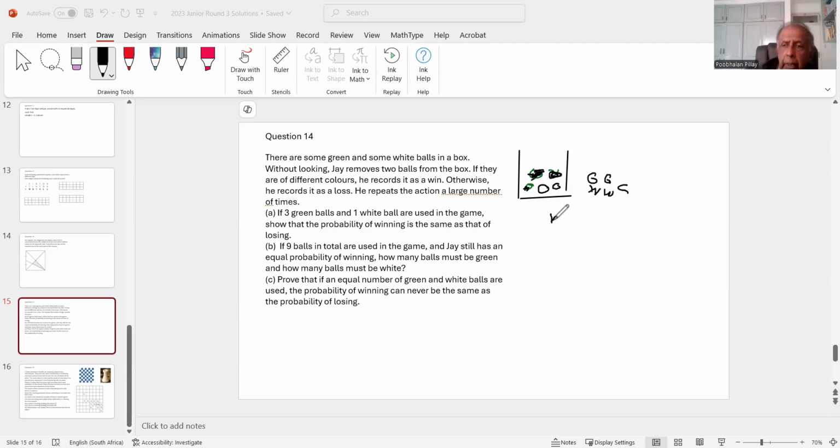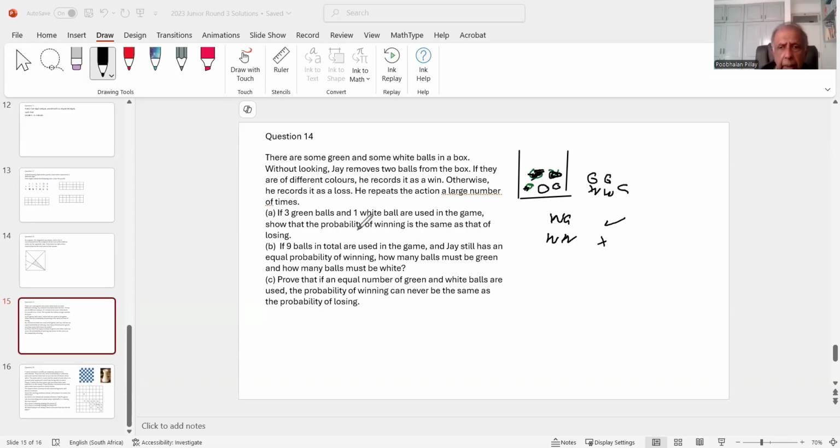So if he had a W and a green, for instance, he says win. But if he had W and W, he says, oh, I lost, right? So he repeats this action a large number of times. He just takes two balls and records what he has got.